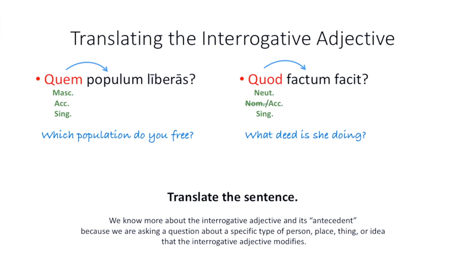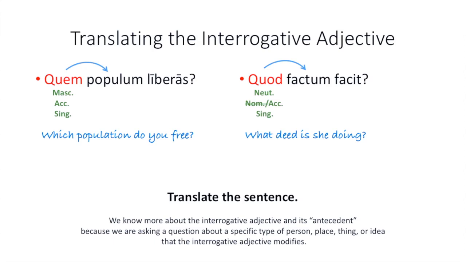Okay. Hopefully, you translated our sentences as which population do you free and what deed is she doing? Using which to modify populum narrows it down a bit more from just whom do you free. For quod factum facit, you'll notice it's narrowed down a lot more to what deed is she doing.